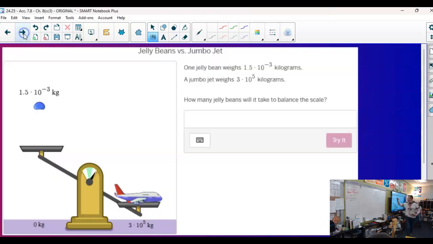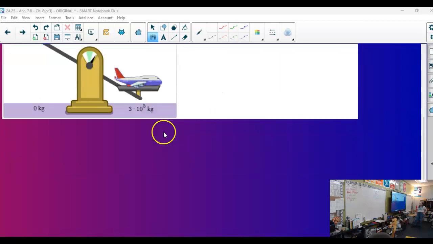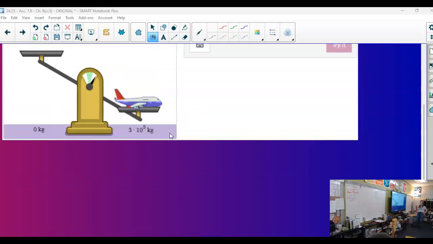Now I think what a lot of you were looking at is the jet, so I will sync you to me on the jet. Let's write out that math too, since we wrote it out incorrectly. Are we going to take jet divided by jelly bean or jelly bean divided by jet? Jet divided by jelly bean.